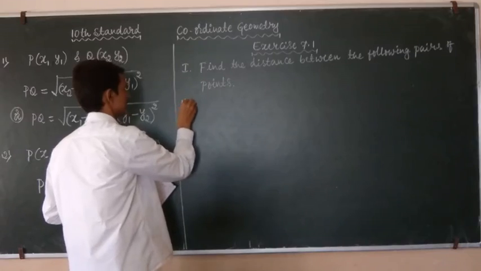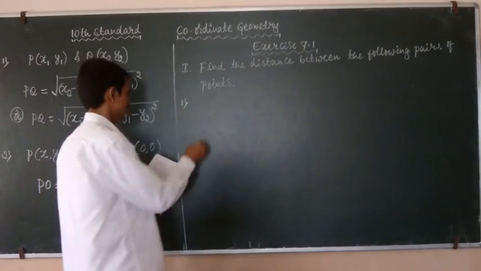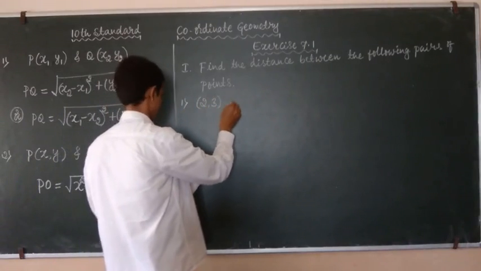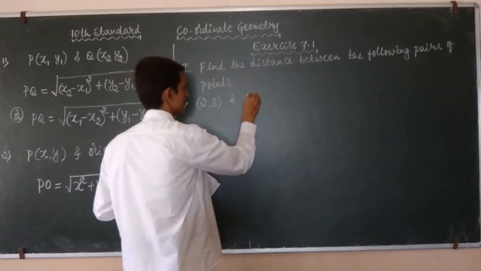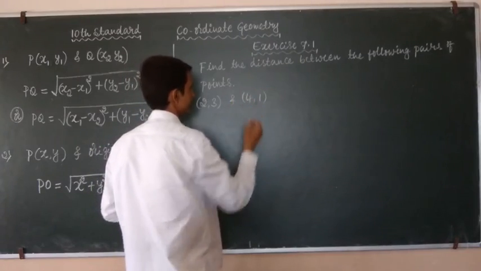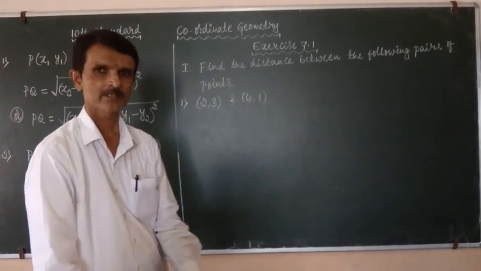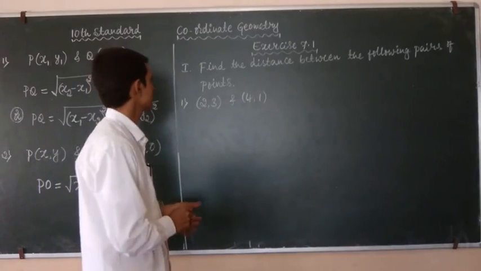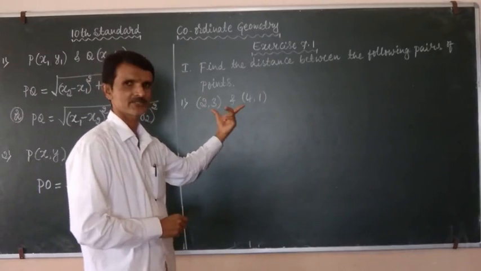The first problem is 2, 3 and 4, 1. In this problem, we have to find the distance between these two points.